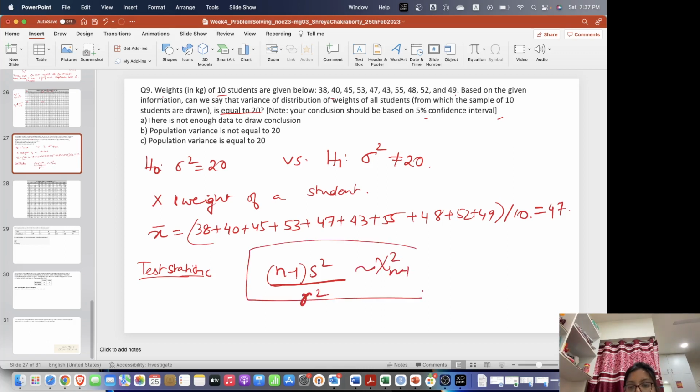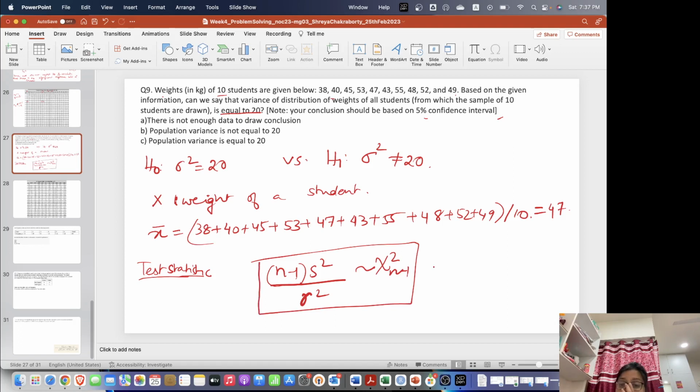This is an already established thing. So we are going to take this into account and formulate our hypothesis.